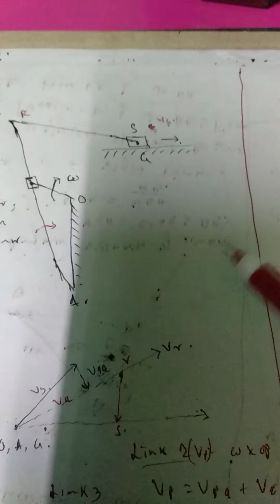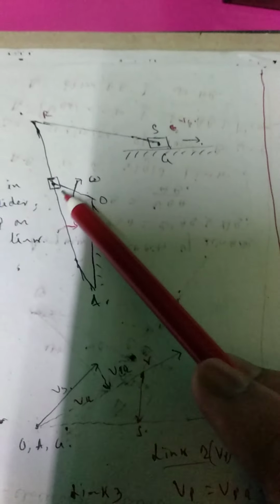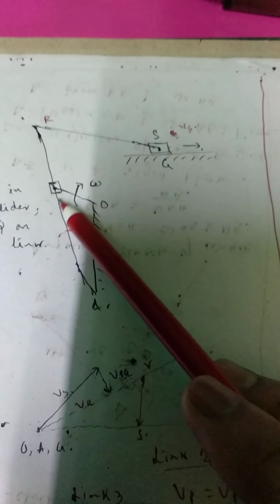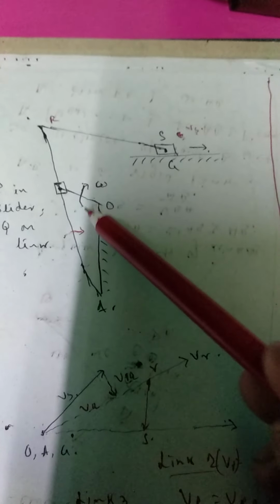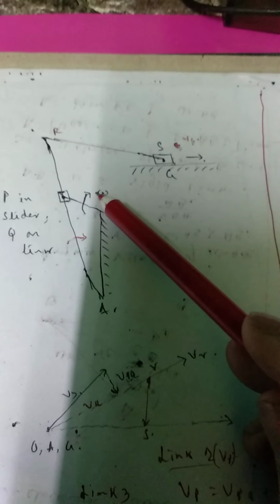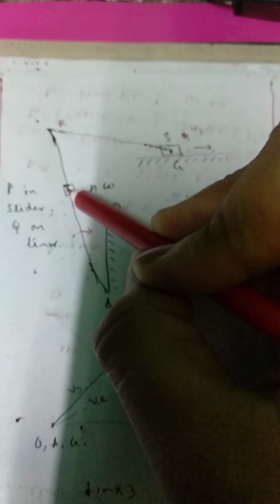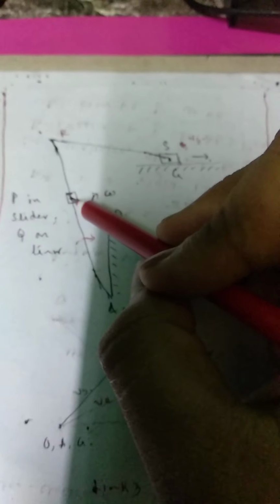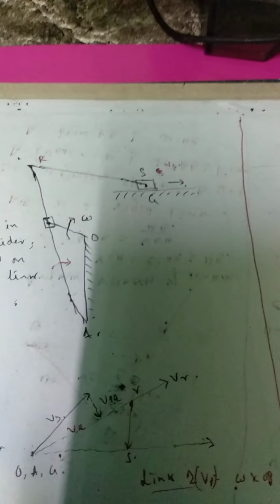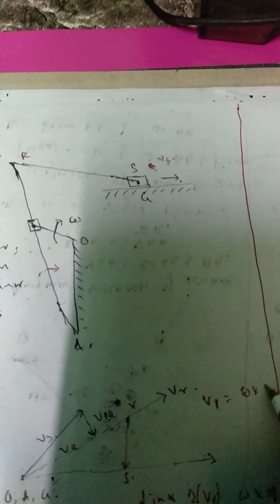Next what we will do is we will calculate the known velocities. Here the link lengths are given, and from here the angular velocity is also given. So we can find out the velocity at this point P. Here this velocity of P, this Vp will be omega into link length OP.